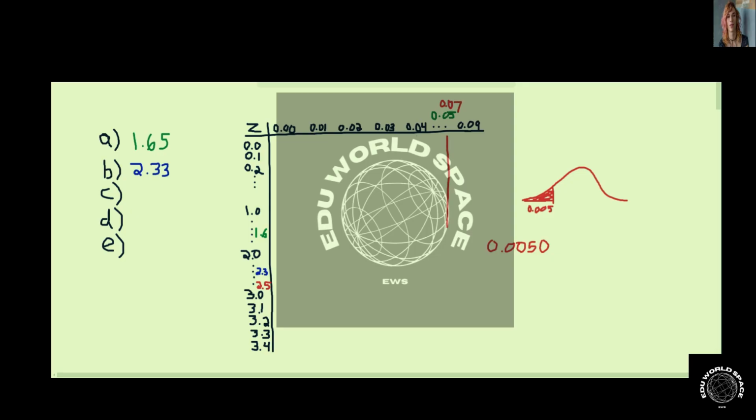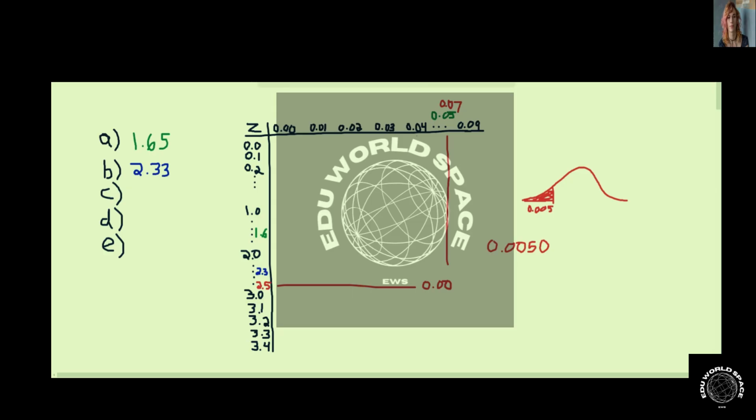Where these two meet will be 0.0049, and let's see, this one was 2.57 and 2.58.